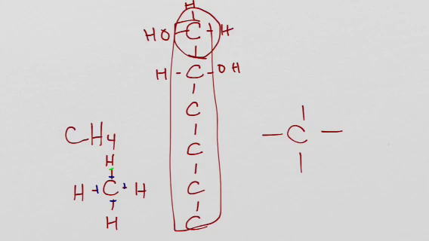So now the hydrogen has 2 electrons. It's happy, its valence is full. This hydrogen as well, this one as well, and this one as well. And look at the carbon, holy moly. The carbon, by sharing these electrons, also has 8 electrons.